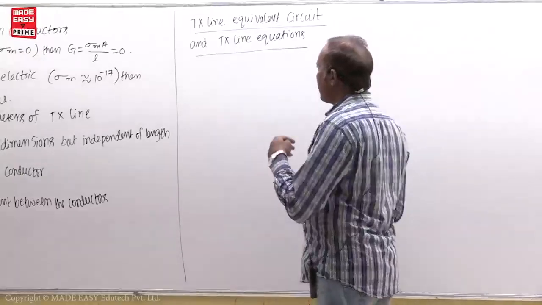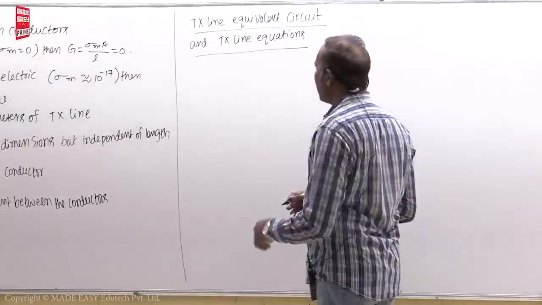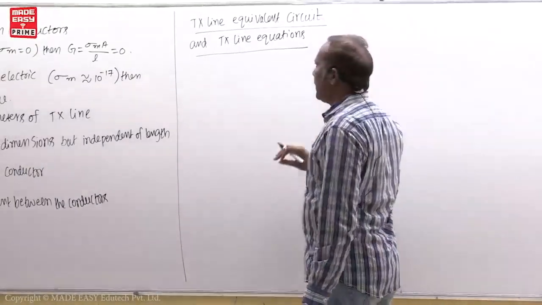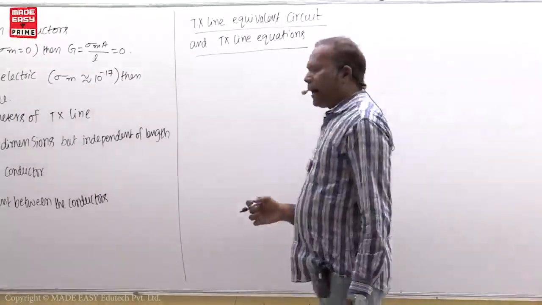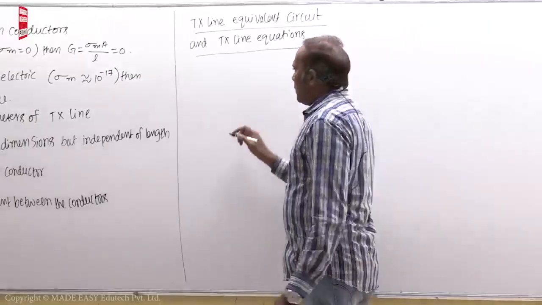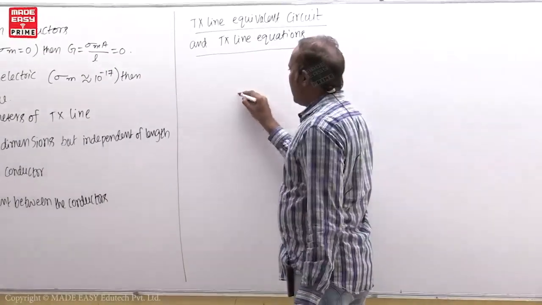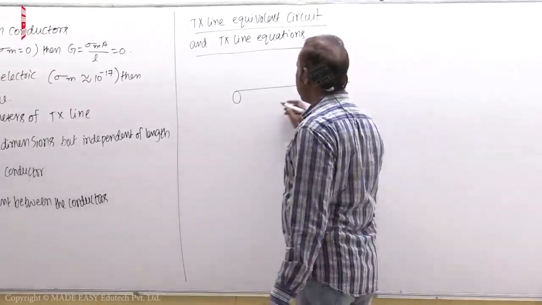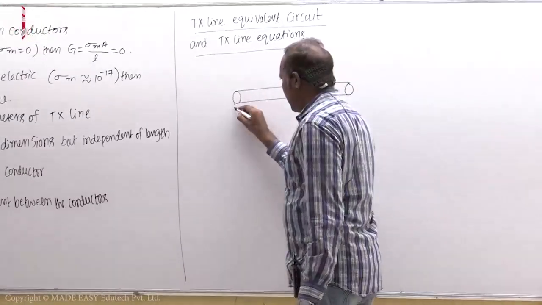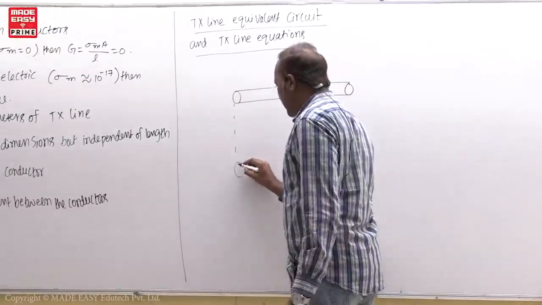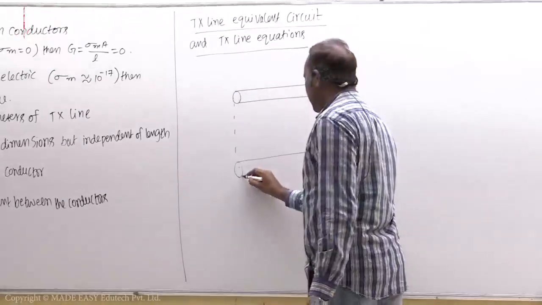Now transmission line equivalent circuit and transmission line equations. First, let us draw the equivalent circuit of the transmission line. I already told you transmission line has first conductor and second conductor, like this.